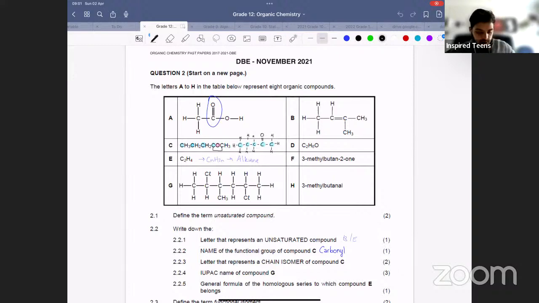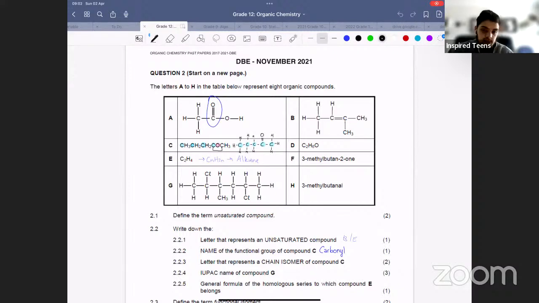This is a regular setup for organic chemistry in the examinations. If you've done many past papers, you'll know that. So let's have a look through it and let's see if we can answer the questions. The letters A to H in the table below represent 8 organic compounds. 2.1, define the term unsaturated compound.